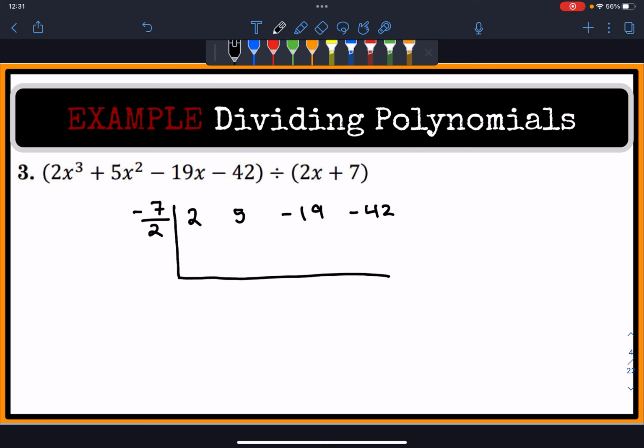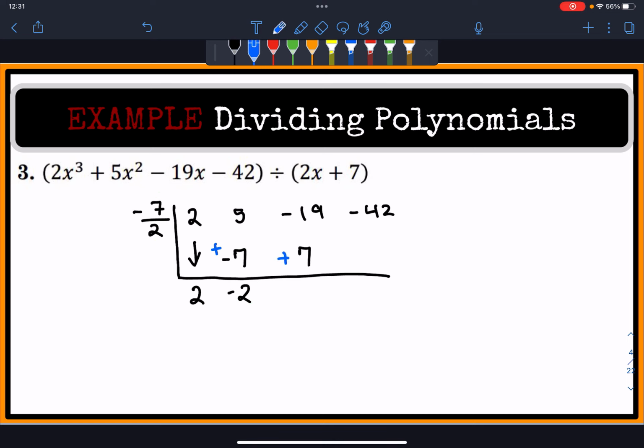Now, other than that, the procedure is still the same. I start by bringing down the first term, 2, and I multiply this term with this number right there. So 2 times -7 over 2, that's equal to a total of -7. Adding 5 with -7, that's equal to -2. And again, I repeat the process. Multiplying these, that gives us a total of +7.